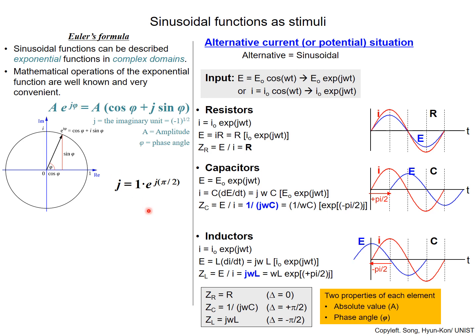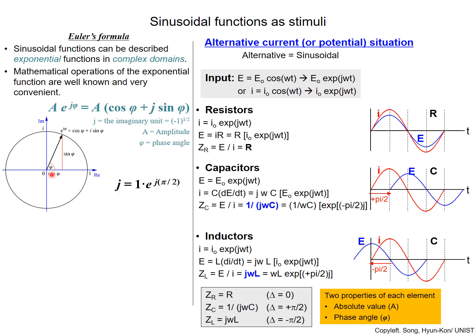Here is practice for Euler's formula. You have j. I have said this is the imaginary unit, which is the square root of minus 1. Then can you change this j into the exponential function form?